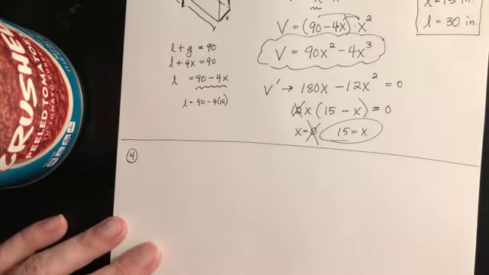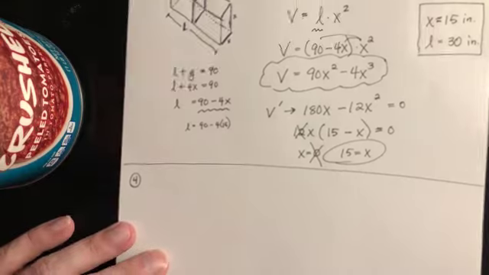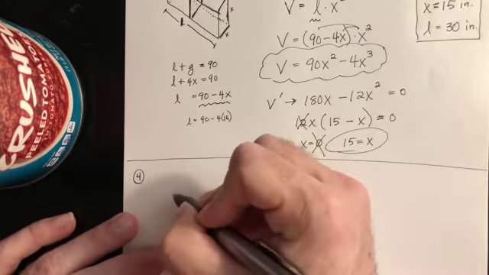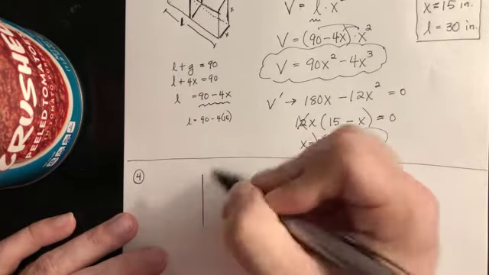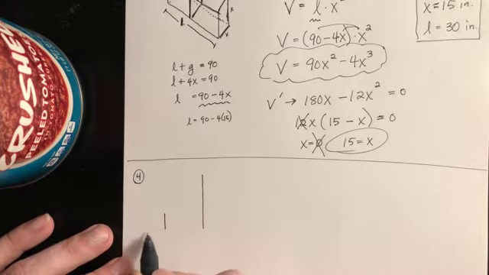This one is a wall, and you need to find the shortest beam that will reach to the side of the building from the ground outside the wall. So there's a wall and a building. Let's just draw this picture again. This is the wall, and this is the ground.